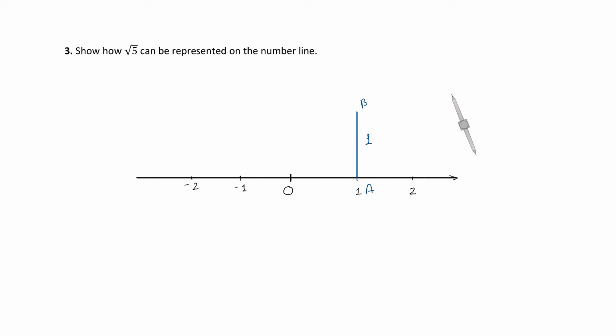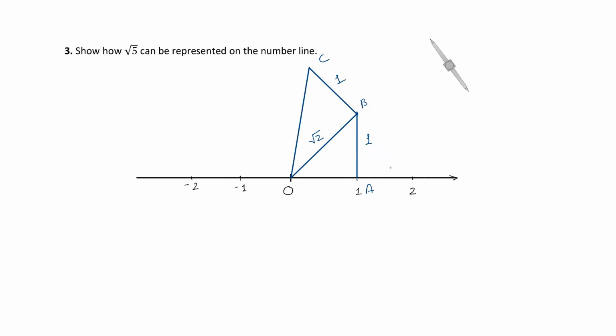By the Pythagoras theorem, we can calculate the length of OB, and that will be equal to the square root of 2. So let's draw a perpendicular line BC of unit length to the line OB. Again, from the Pythagoras theorem, we will calculate the length of this line OC.